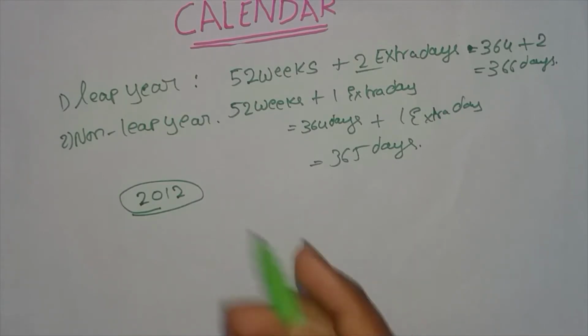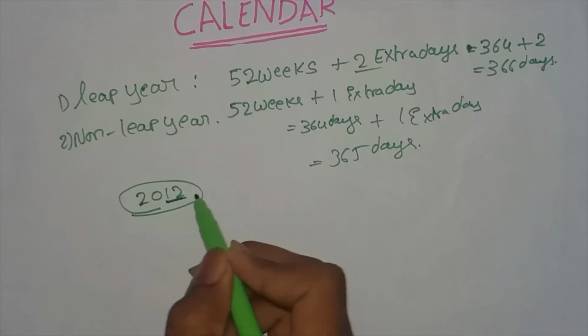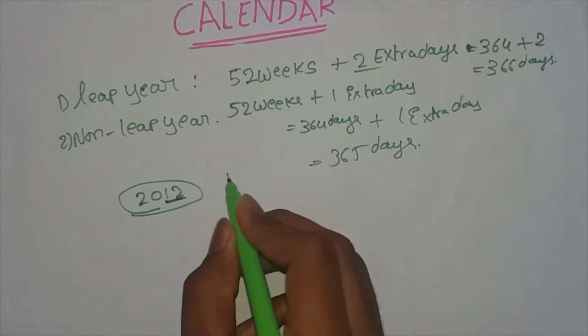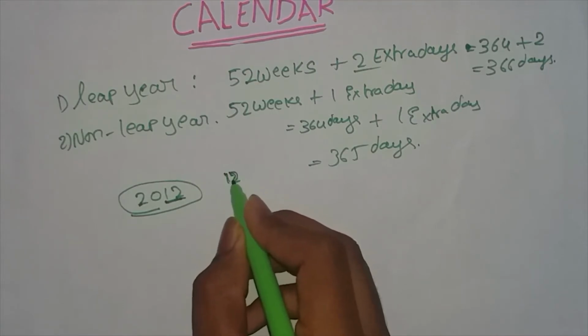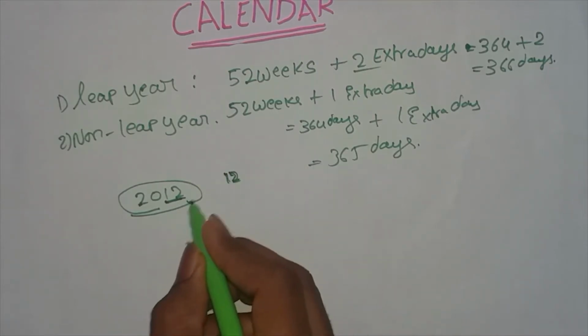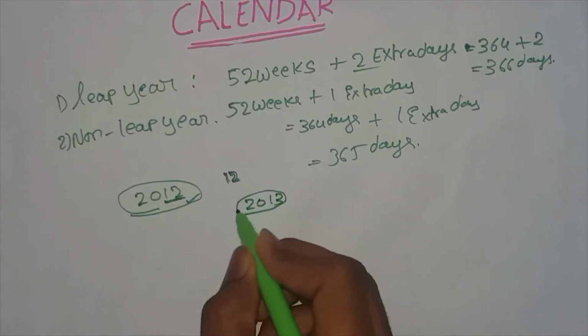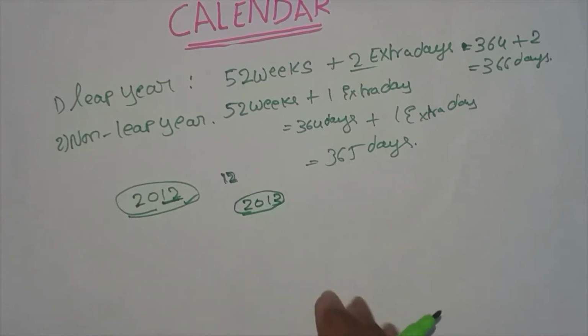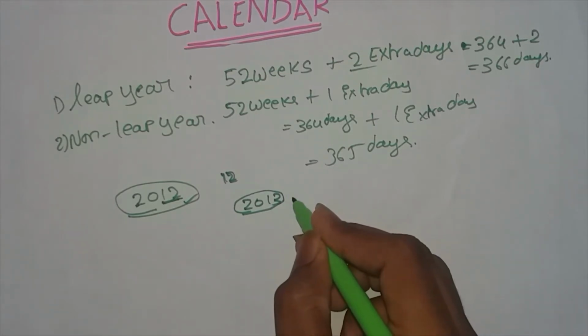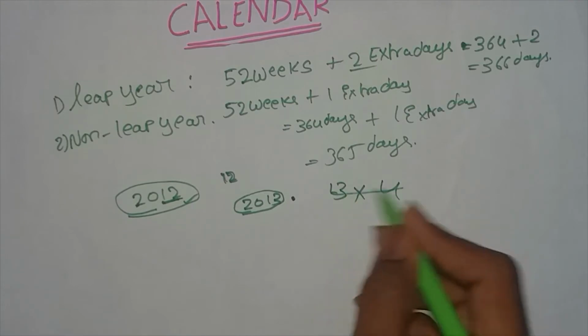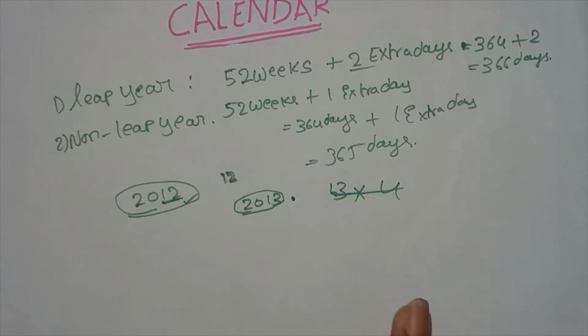It states that the last two digits must be completely divisible by 4. 12 is directly divisible by 4, so it is a leap year. Suppose you take the example of 2013. Is this a leap year or a non-leap year? It is a non-leap year because 13 is not divisible by 4.